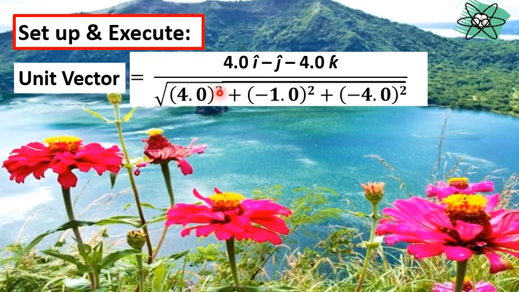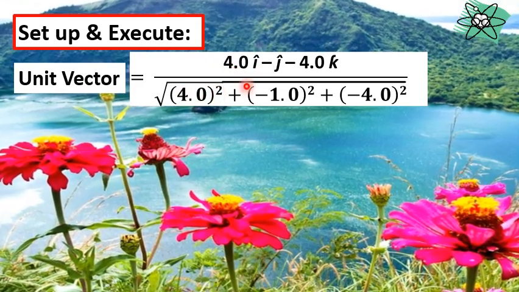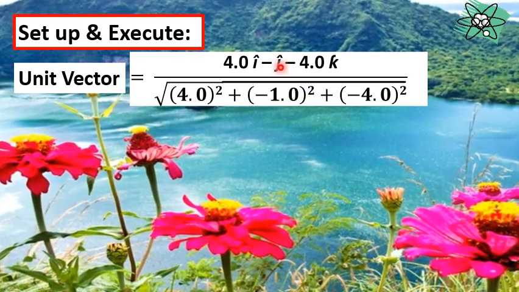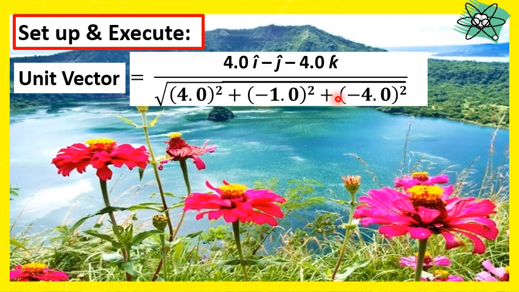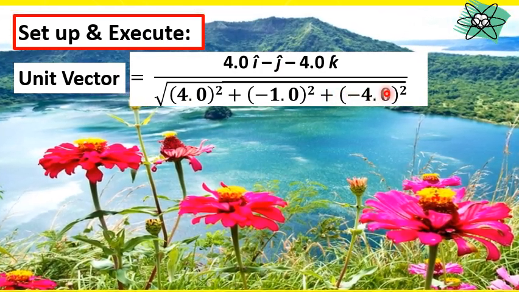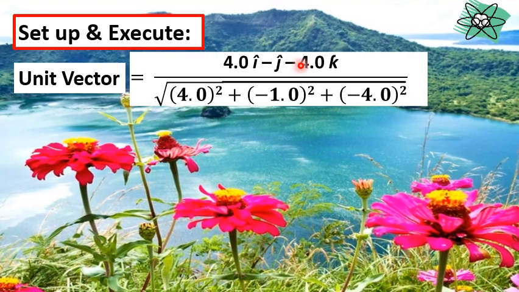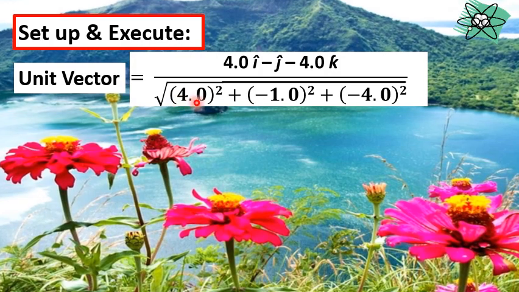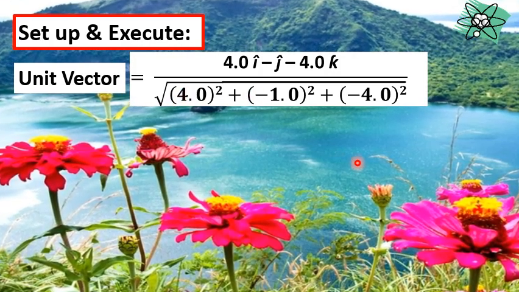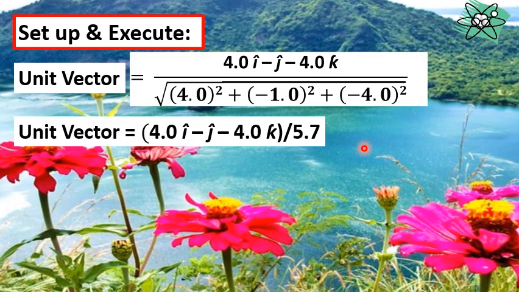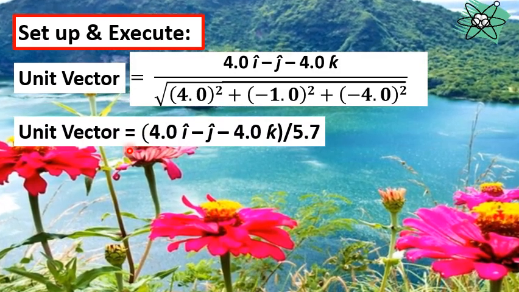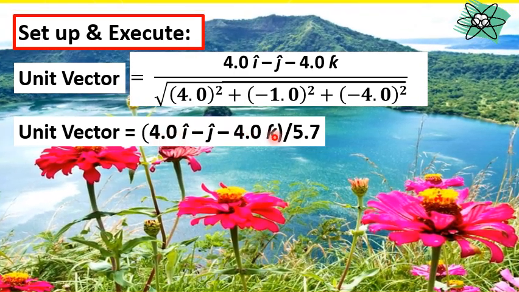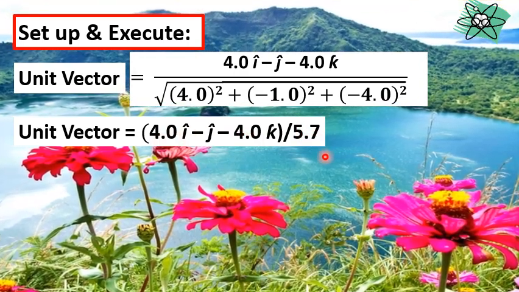This actually is the x component of the vector, plus negative 1.0 squared, that's the y component, and negative 4.0 squared, that is the z component, right? So when we do our math in simplifying our denominator, we actually get 5.7. So our unit vector now can be expressed as 4.0i minus j minus 4.0k divided by 5.7.